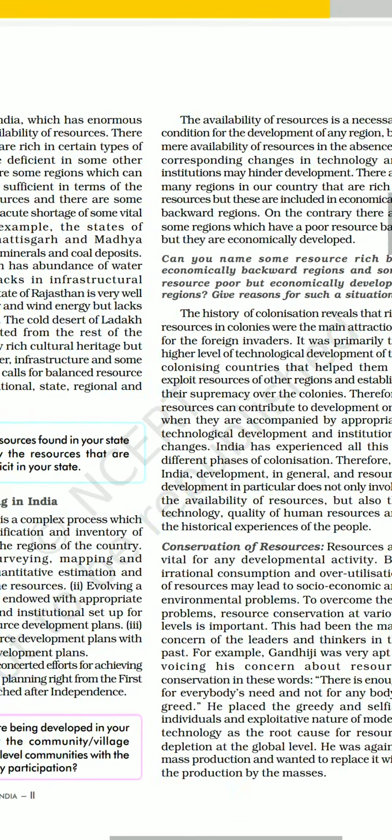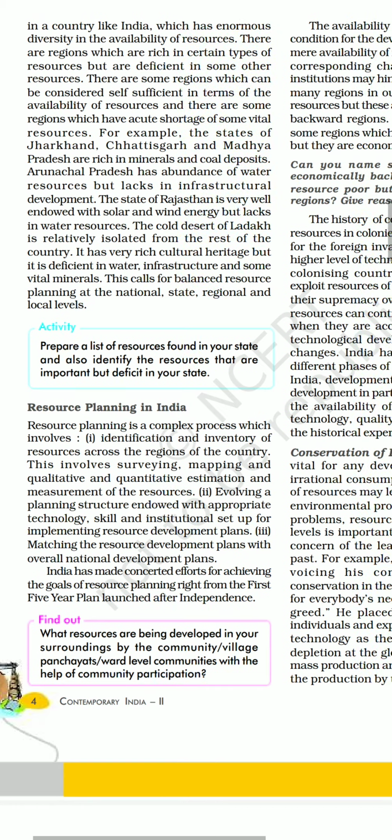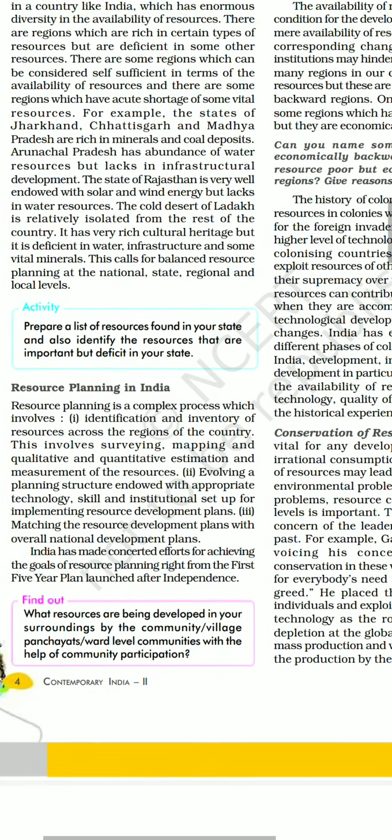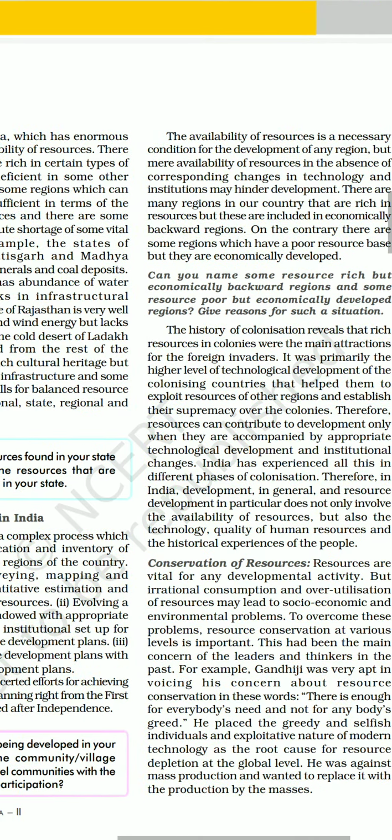Here certain points are highlighted in your textbook, like how can we plan resources, or what are the steps we need to take to plan resources effectively. The next points explain the steps in resource planning.